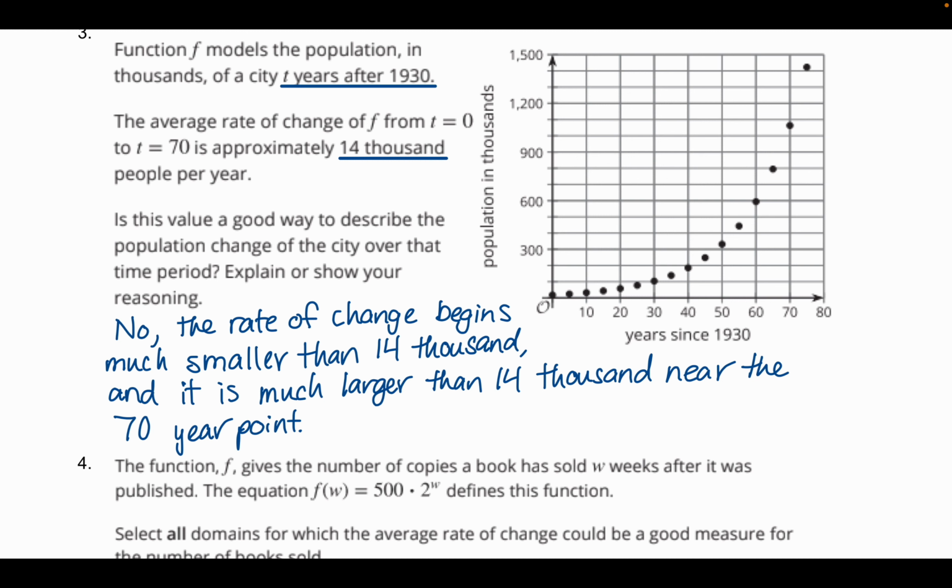Because we wouldn't really be able to keep that average rate of change going forward. It wouldn't help us predict. So we're just saying, hey, it's not really accurate here.